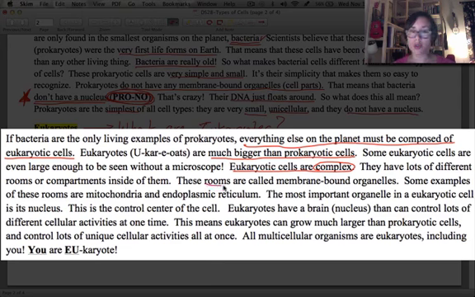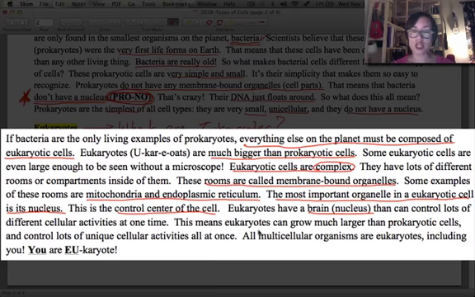The most important organelle in eukaryotic cells is its nucleus. That's important because we knew that prokaryotes don't have a nucleus based on what we've just read. This is the control center of the cell. Eukaryotes have a brain, and the brain is the nucleus, that can control lots of different cellular activities at one time.